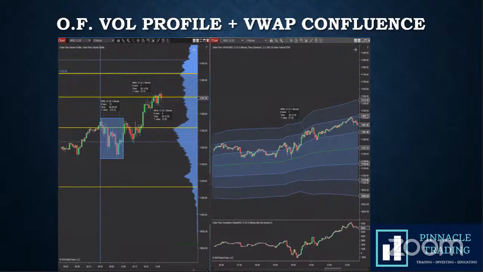On the VWAP chart on the right, if you notice, price was moving sideways above VWAP. So VWAP was green the whole time, but as the delta started increasing, price started increasing. So you notice the delta went from 0. In the subchart, you'll see the order flow cumulative delta indicator.